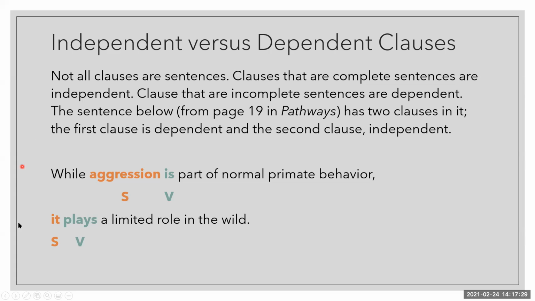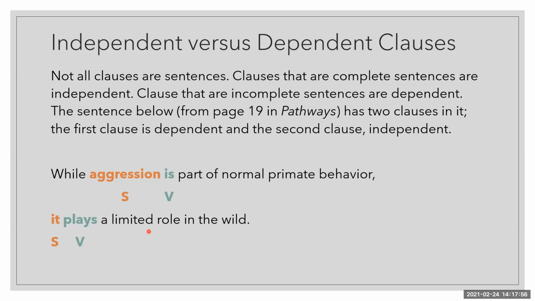So here I have a sentence from the book that contains a dependent clause and an independent clause. When sentences contain more than one clause, one of those clauses is often independent and the other dependent. There are a couple of ways to determine whether a clause is independent or dependent.